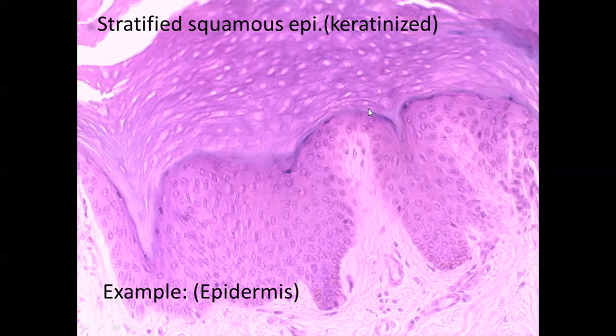Stratum granulosum, very clear, stratum granulosum. Then stratum lucidum, and this is the corneum, sloughing, without nuclei. These are the 5 layers of the stratified squamous epithelium, keratinized, from the epidermis.